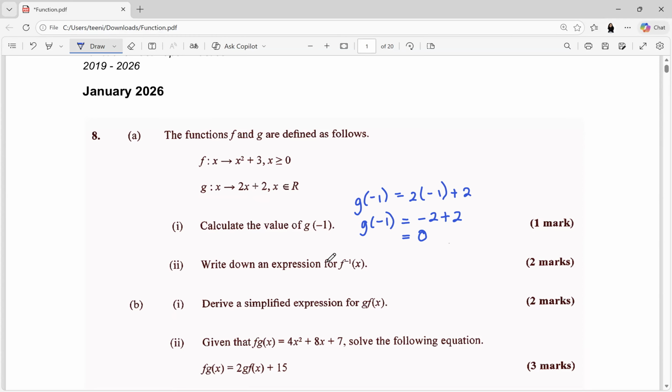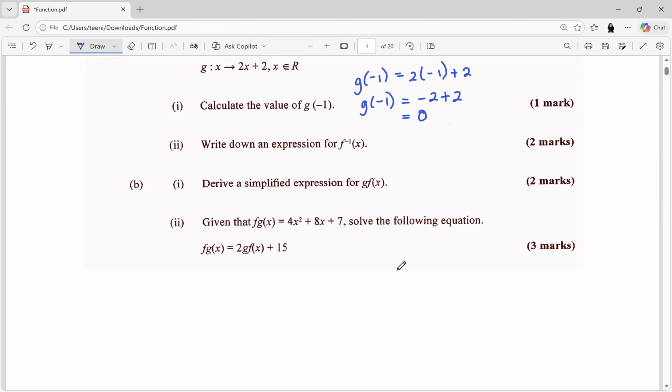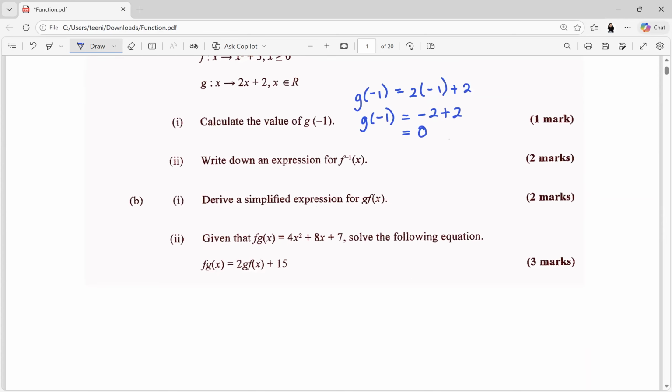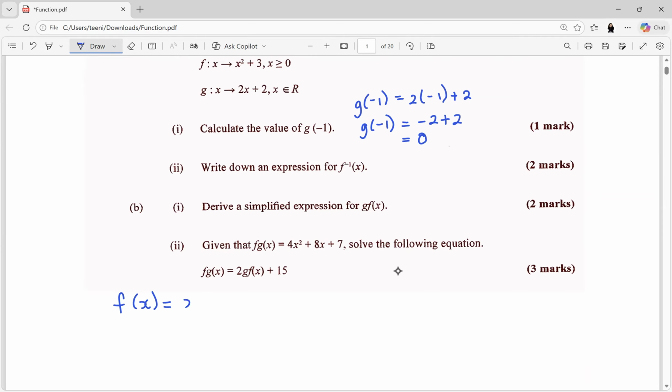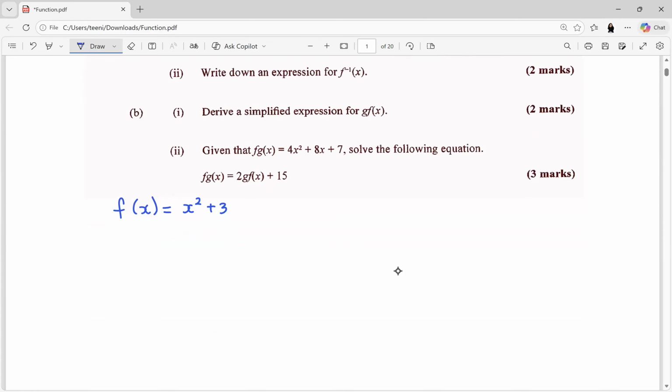All right. And now we need to write down an expression for f inverse x. So let me just write over f of x. f of x is equal to x squared plus 3. To find the inverse, f inverse of x, remember, the first step is let f of x equal y.